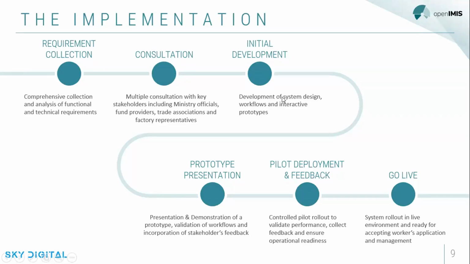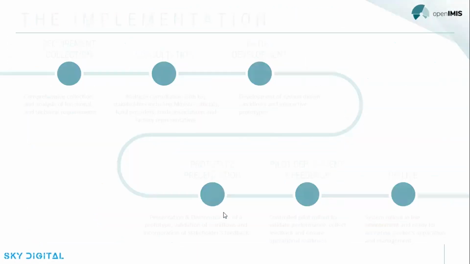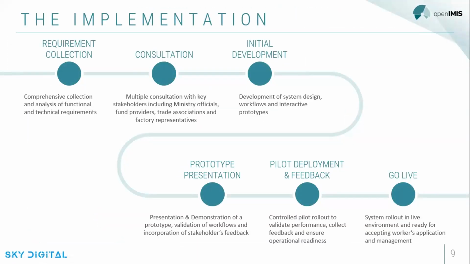Once the prototype was built, we demonstrated it to the relevant stakeholders like the ministry, trade associations, factories, and the representatives of the workers. Then we did a pilot deployment for around 3 months, and we got some feedback and real cases.